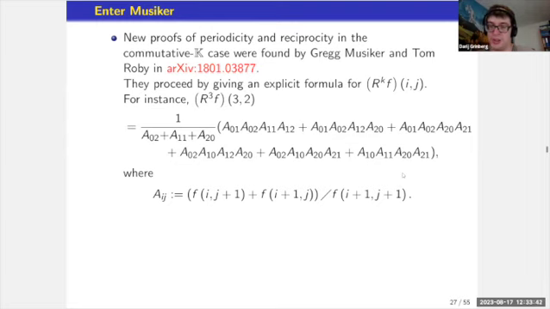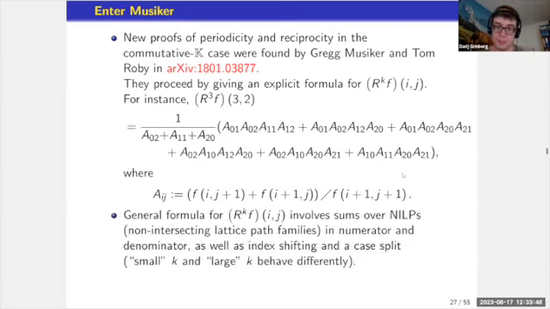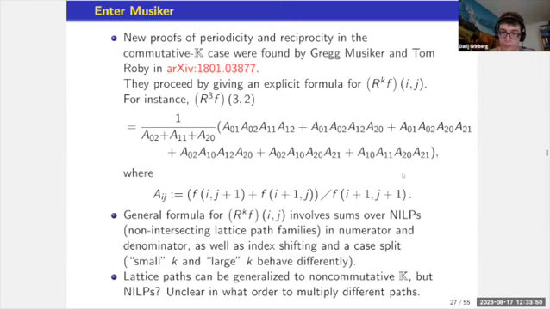So I will not go into the details. We did not end up using this approach, but we got some inspiration from it. Unfortunately, with non-commutative rings, this too doesn't look very promising. The problem is you don't know in what order to multiply things if we have different lattice paths.